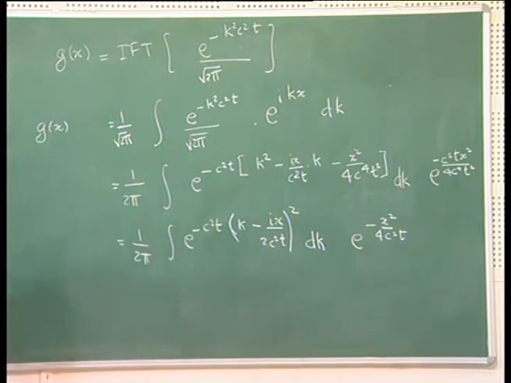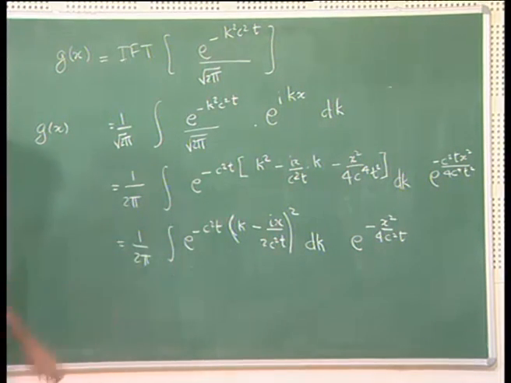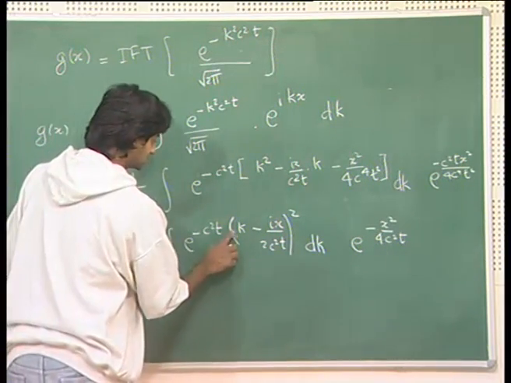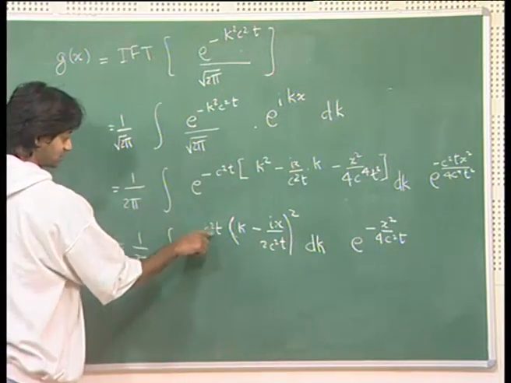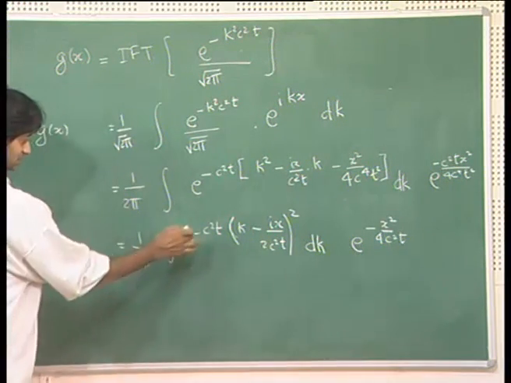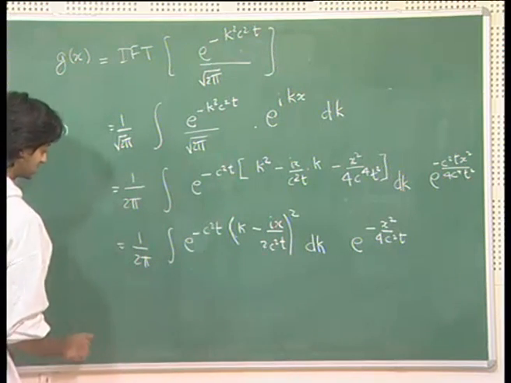And now, this integral can be done fairly easily. This is just a simple Gaussian integral. Instead of having e to the minus a x squared, here c squared t is the constant.